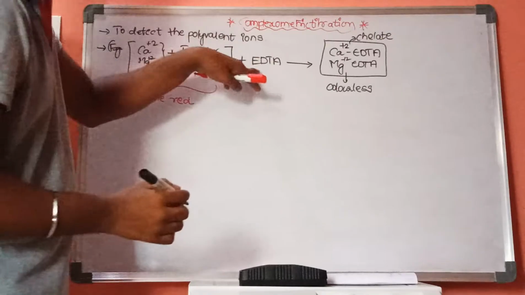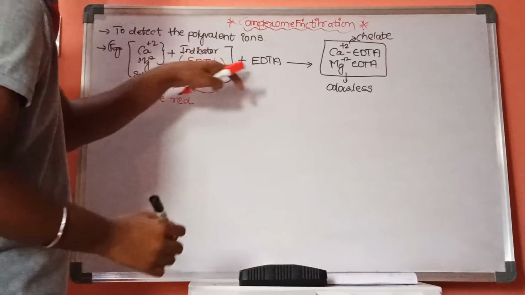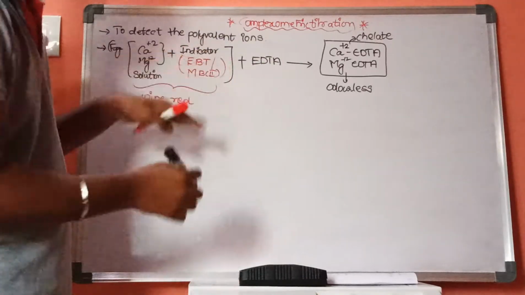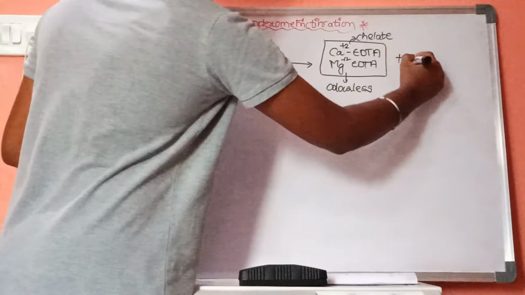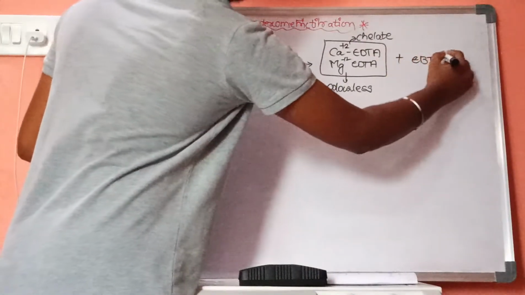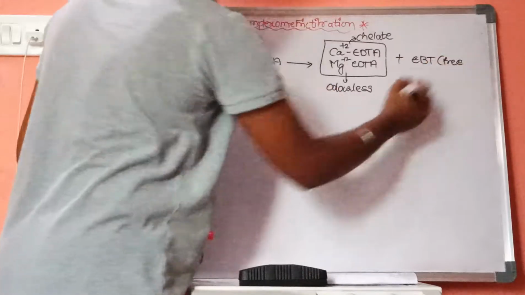After reacting the solution with EDTA, some amount of indicator will remain, that is Eriochrome Black T indicator in free form.